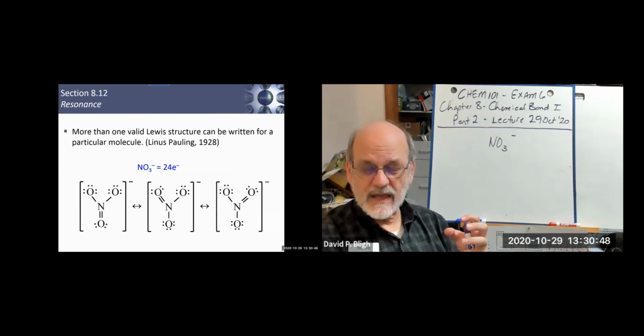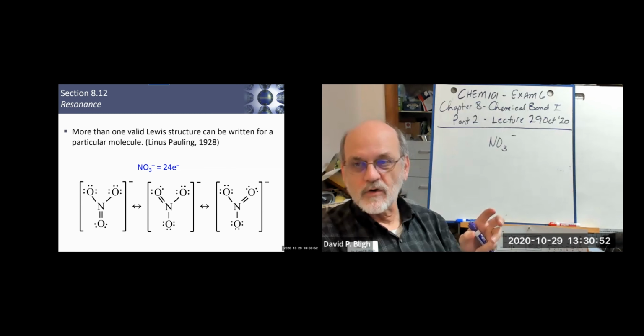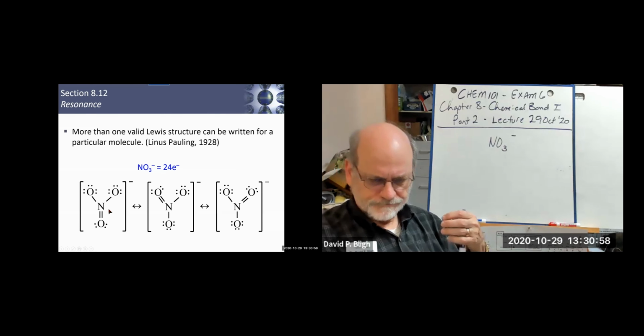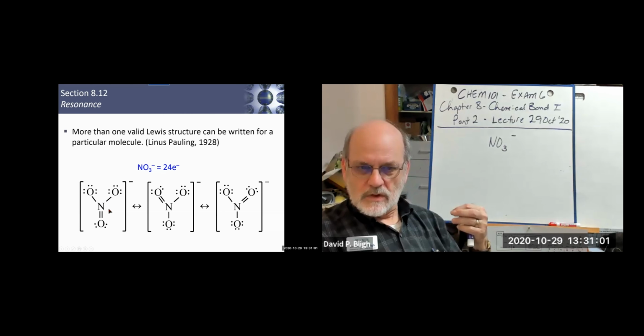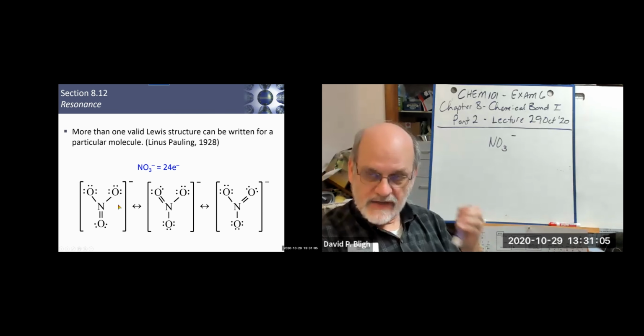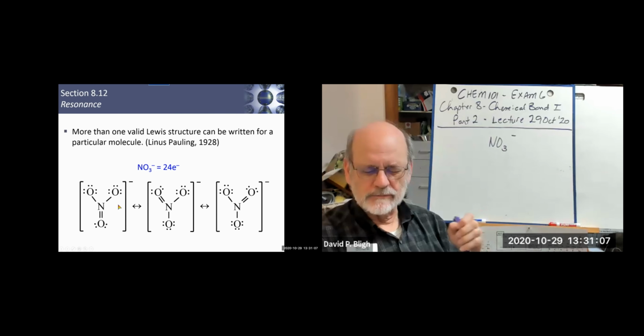This is a polyatomic ion, so the charge is not localized. Even though the model says localized electrons, the charge is not localized for this group. So we have to put it outside, but the electrons responsible for it are on the inside and part of the molecule.